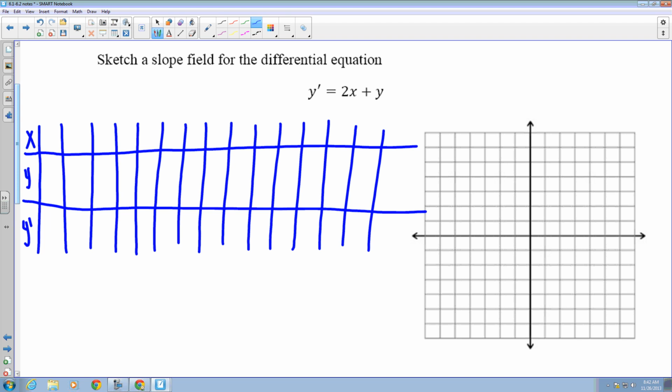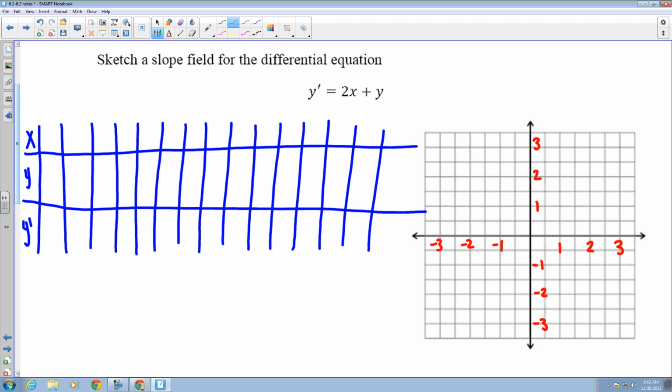Okay, that's actually 15 points right there. I'm going to go by ones again like that, just so we can tell the slopes apart. It'll be easier to tell.